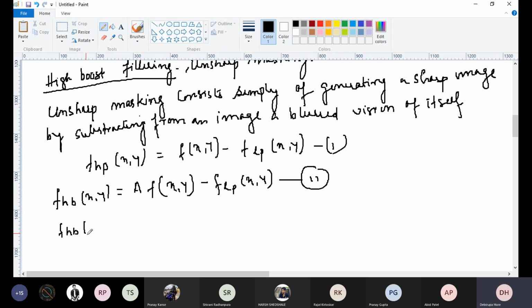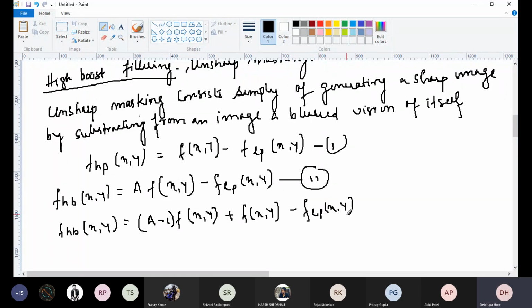Therefore, f of hb xy is equal to a minus 1 f of x comma y plus f of x comma y minus f of lp xy for a greater than or equal to 1.